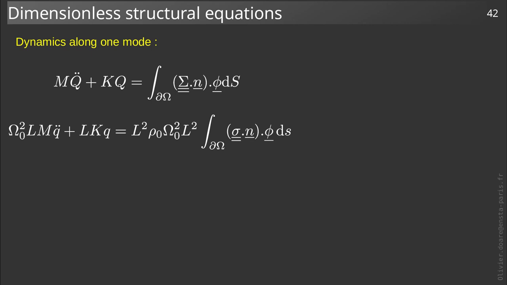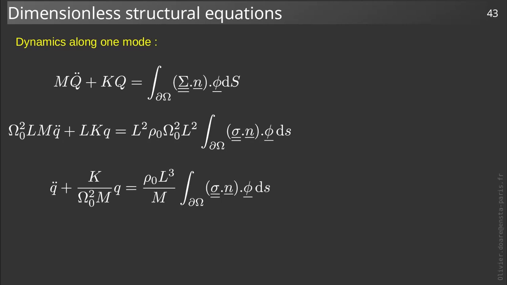The stress tensor and the pressure are scaled with rho naught omega naught squared L squared. Let us organize the terms and note that omega naught is the characteristic frequency of the solid. It is equal to square root of K on M, which simplifies the equation.